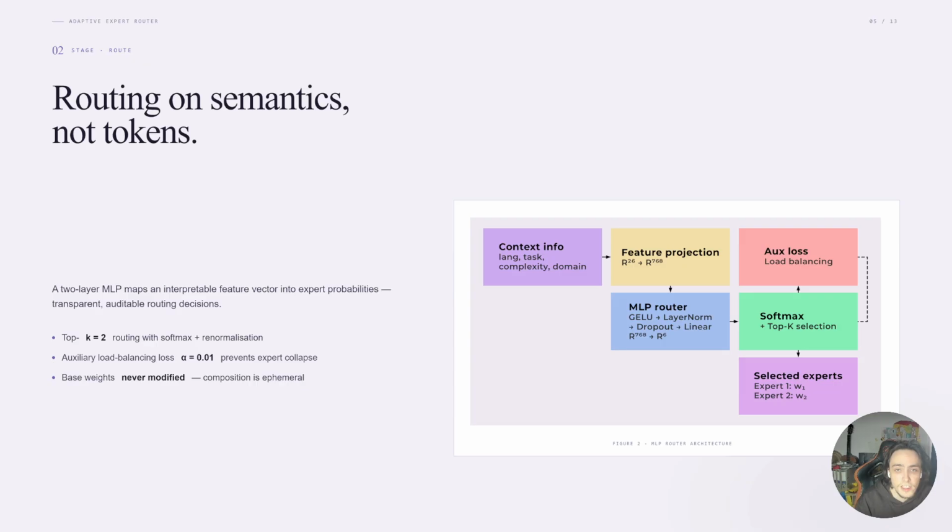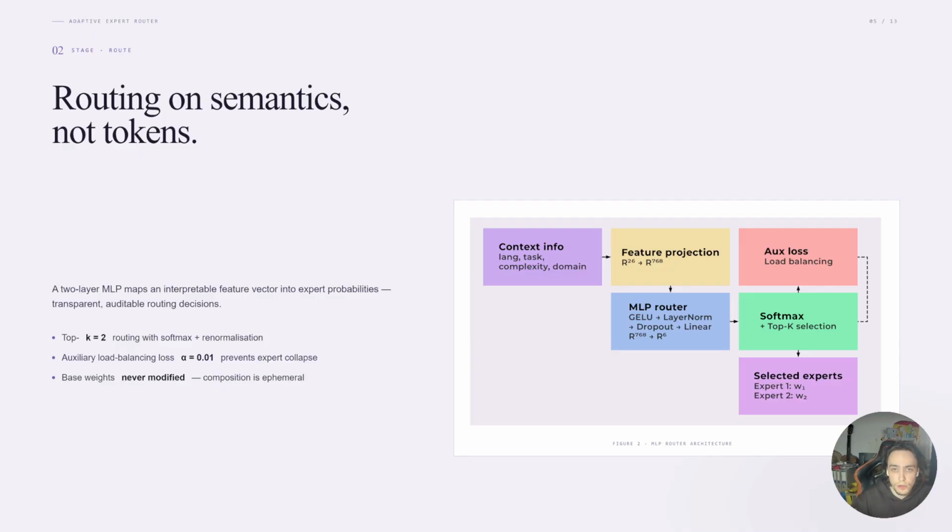Traditional mixture-of-experts architectures route on token-level representations, and this works, but it is opaque. You cannot easily explain why a particular expert was chosen. So we took a different approach. The MACE router operates on a task-level semantic vector, 26 dimensions derived from interpretable analysis: a one-hot encoding of the language, the task type, a complexity score, the domain, and a flag for whether code is already present.